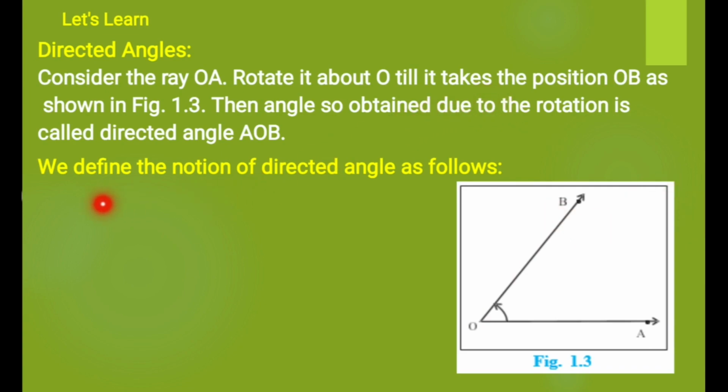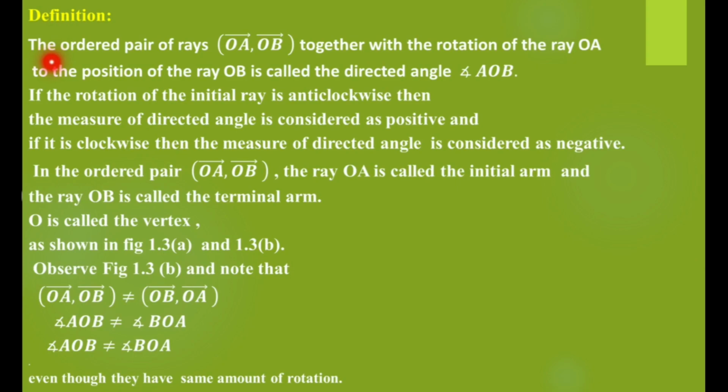We define the notation of directed angles as follows. We measure here anti-clockwise. See the definition: the ordered pair of rays OA, OB together with the rotation of ray OA to the position of ray OB is called a directed angle. We write angle AOB; this angle AOB is a directed angle.